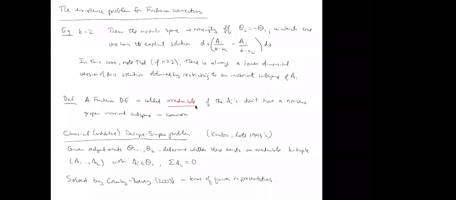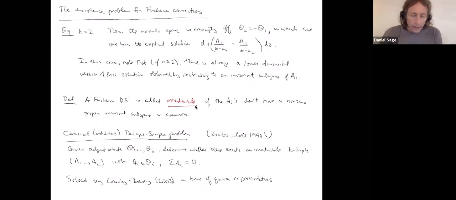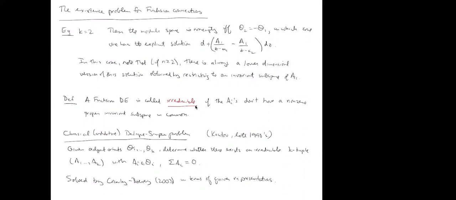I have another question, if I can. I understand how this condition, the sum of A_i equals 0, comes about. But if you relax that, is it possible to get a non-rigid moduli?